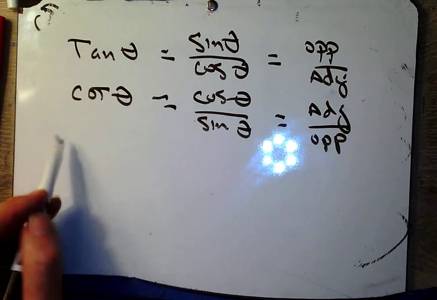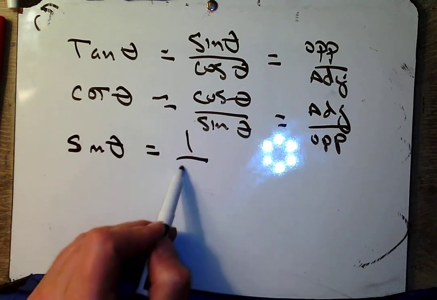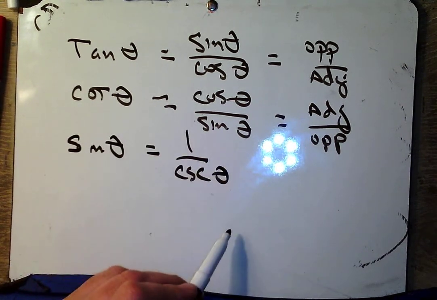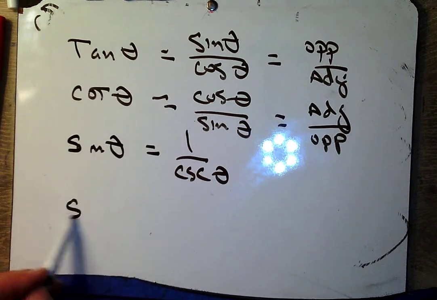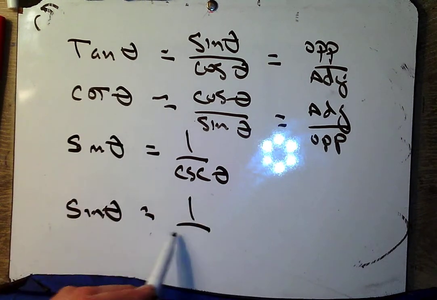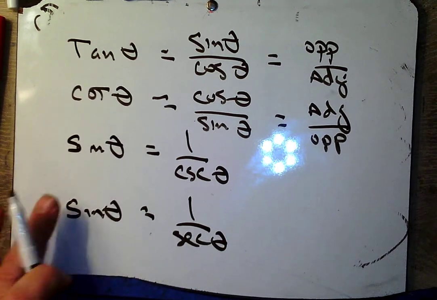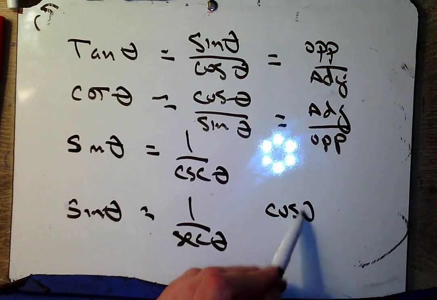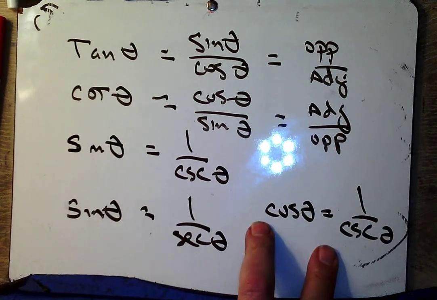Yeah, and definitely keep these straight. Okay, sine is 1 over cosecant, not 1 over secant. It's really strange because people want to do this. And I think they want to do this because these are both beginning with S. Just like they want to do this. Cosine of theta equals 1 over cosecant theta. They both begin with c.